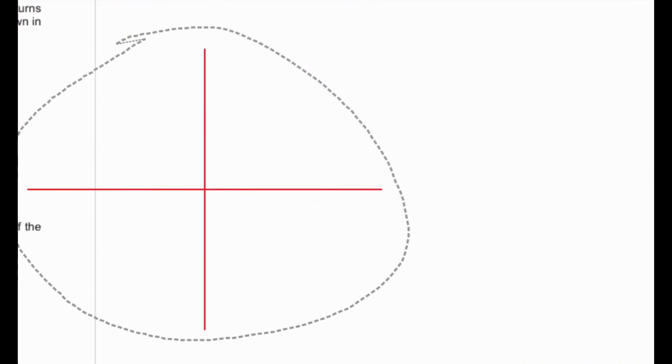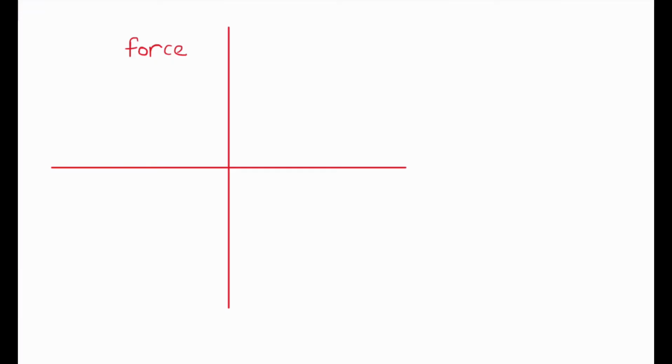If you have this particular graph we're dealing with, this is a force against extension graph.